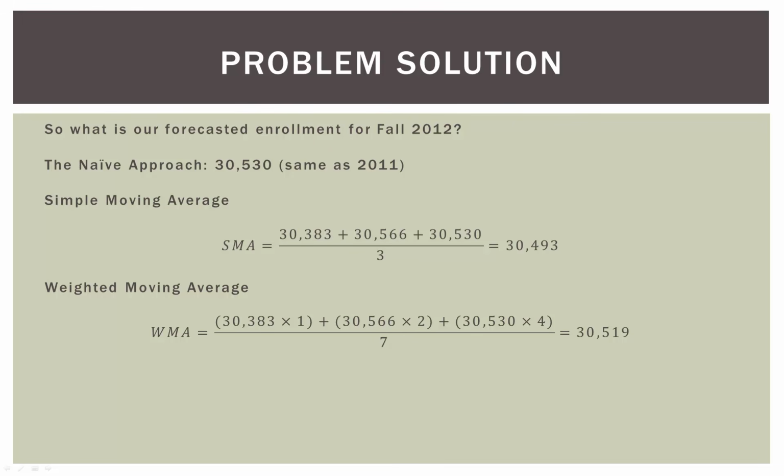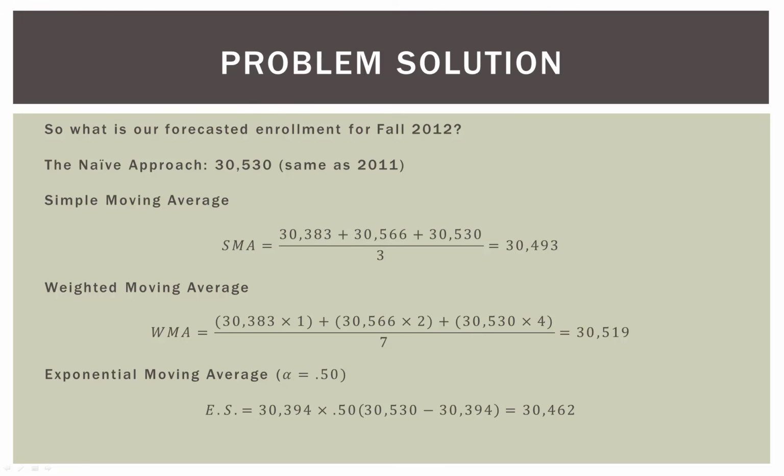Now, how about our EMA method? Using an alpha of 0.5, we came out with a forecasted enrollment of 30,462. And again, that's based off 2011's actual enrollment and 2011's forecasted enrollment.